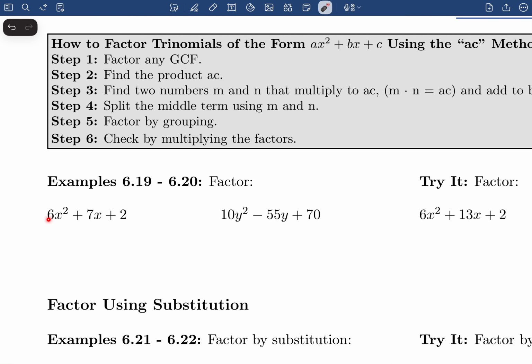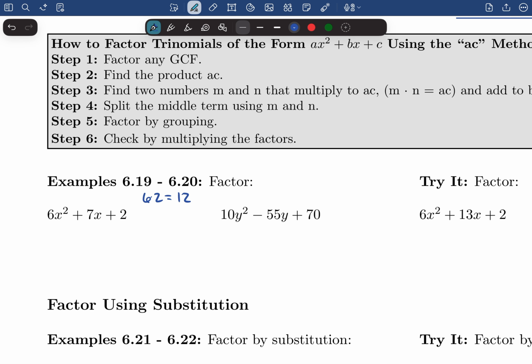So what is a times c? Well, it's 6 times 2. A is 6, c is 2. So we're going to multiply them together. We're going to say 6 times 2 equals 12. Now we need to find the factors of 12. What are the factors of 12? Well, we've got 1 times 12, and 2 times 6, and 3 times 4. Those are the factors of a times c. Great.